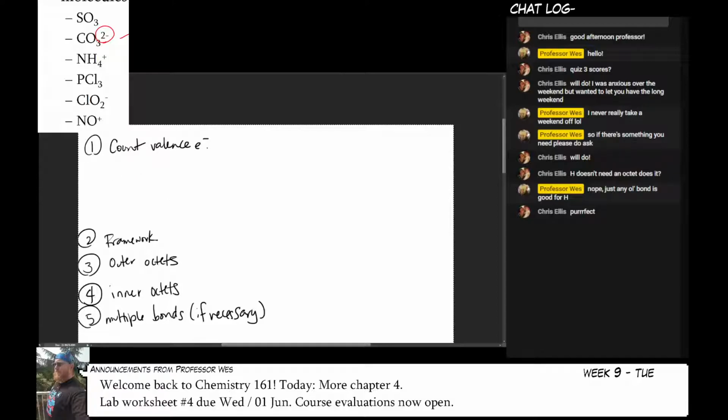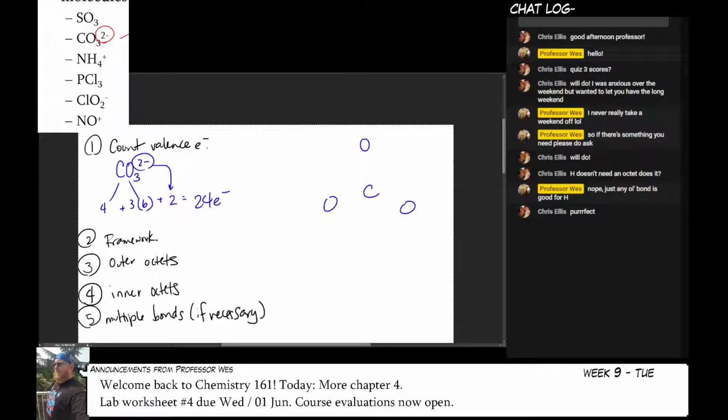Now I got carbonate. And so we already did this before. So I should have that many electrons. So now I can do my framework. Carbon goes in the middle, and we'll just put the O's around the outside. Hey, this one might look a lot like SO3.